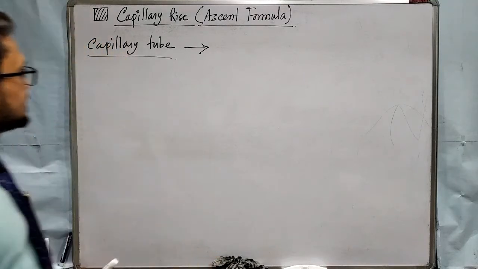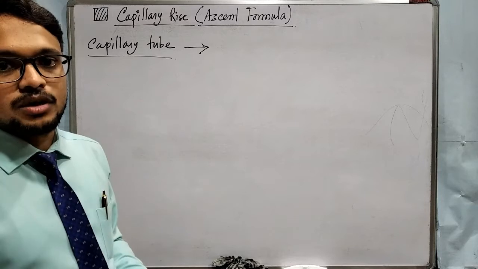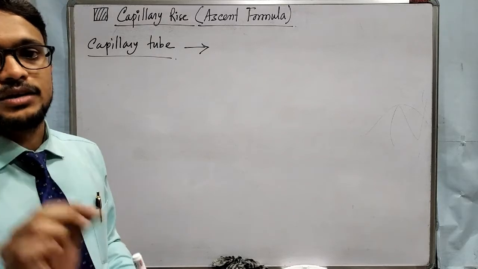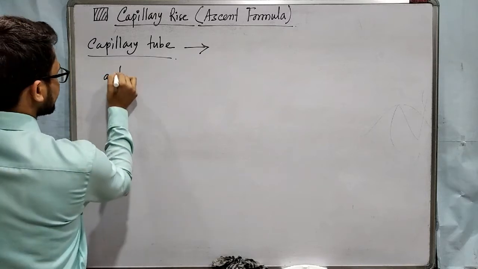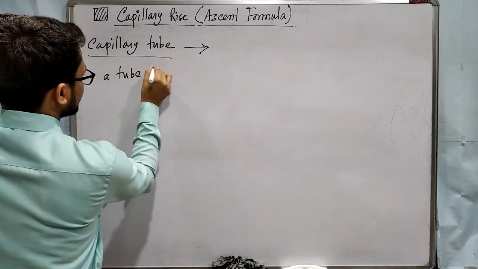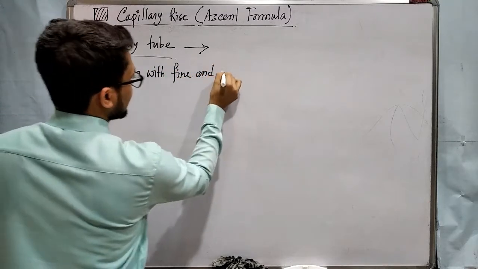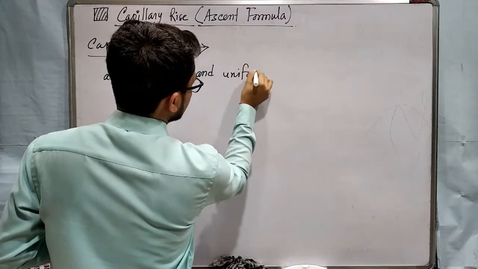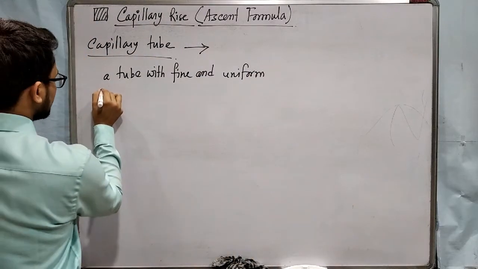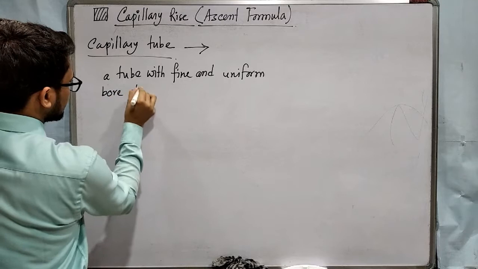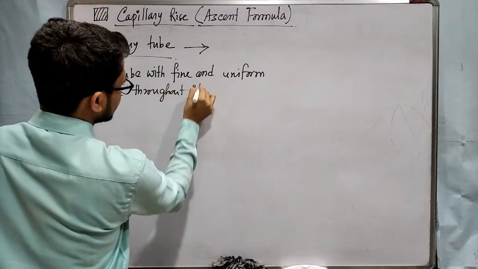This capillary tube is basically a tube with a fine and uniform bore throughout its length. Uniform means the same radius at any point.